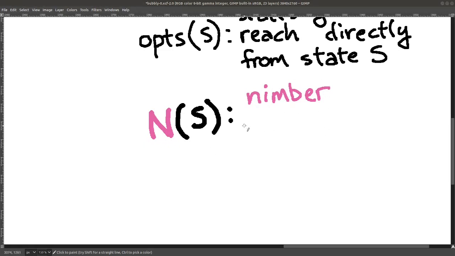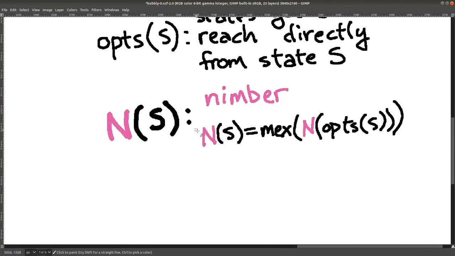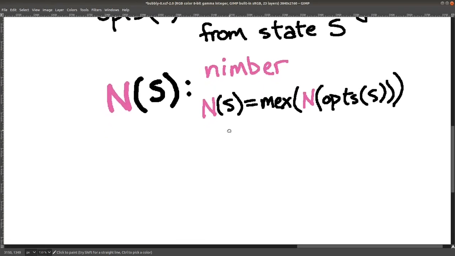The formula is n of a state is equal to the MEX of the n of all of the options for that state. So the nimber is the MEX of all of the nimbers of the states you can reach from that state.